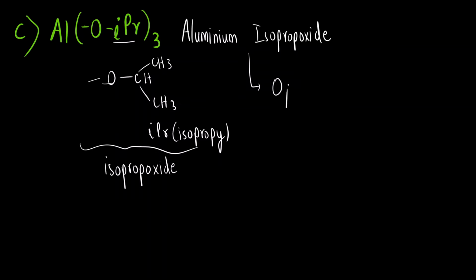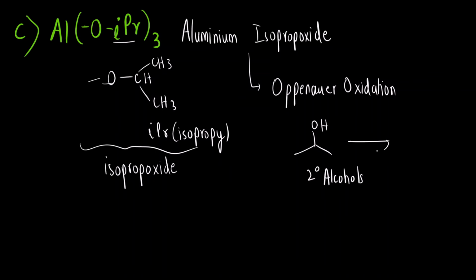Okay, aluminium isopropoxide, and there is a name for this reaction. This is called as Oppenauer oxidation. What happens in this reaction is, this is specifically for secondary alcohols. When we react secondary alcohols with aluminium isopropoxide, what will happen?